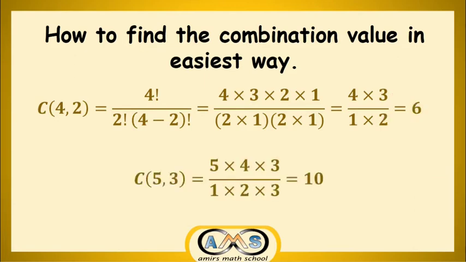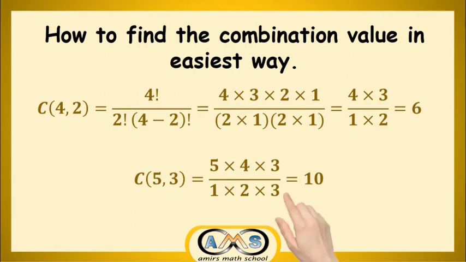Now let's try it for this value, that is C53. In this case, we find the number of ways of selection of 3 from 5 different things. So according to the rules, first we write the multiplication form of factorial of r. In this case, the value of r is 3.